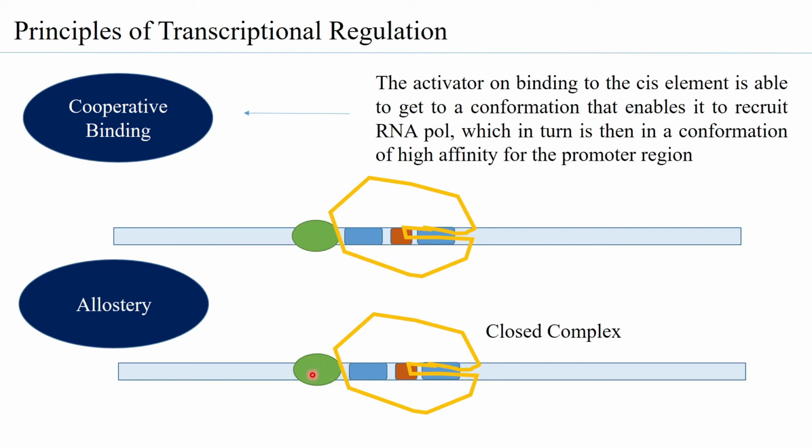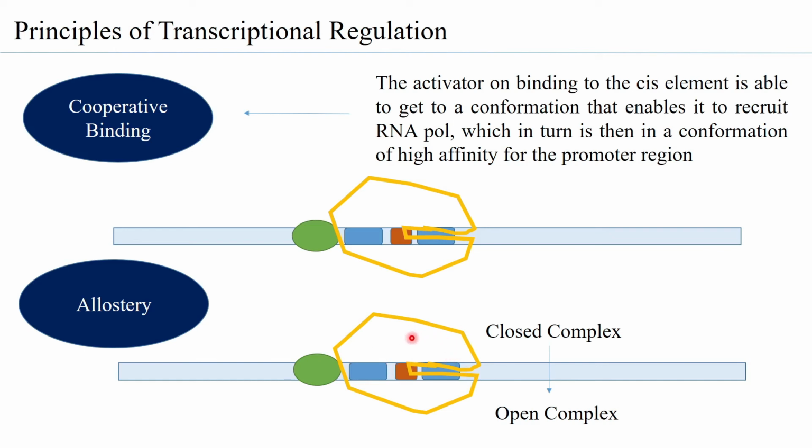The binding of the activator with the RNA polymerase initiates a change in the conformation of the RNA pol such that it goes from closed complex to open complex. So what is this? When you don't have the activator bound to the RNA pol, it is in one configuration, and when you have the activator bound, its conformation is different.